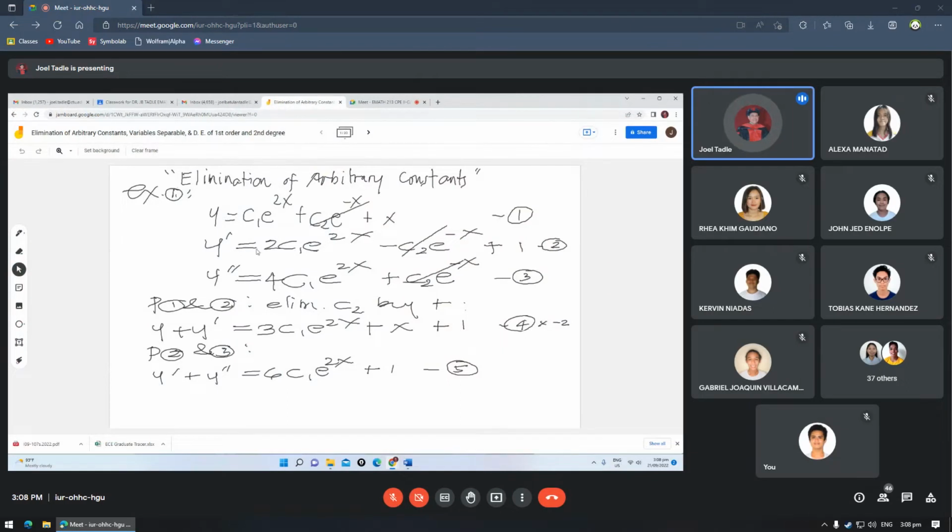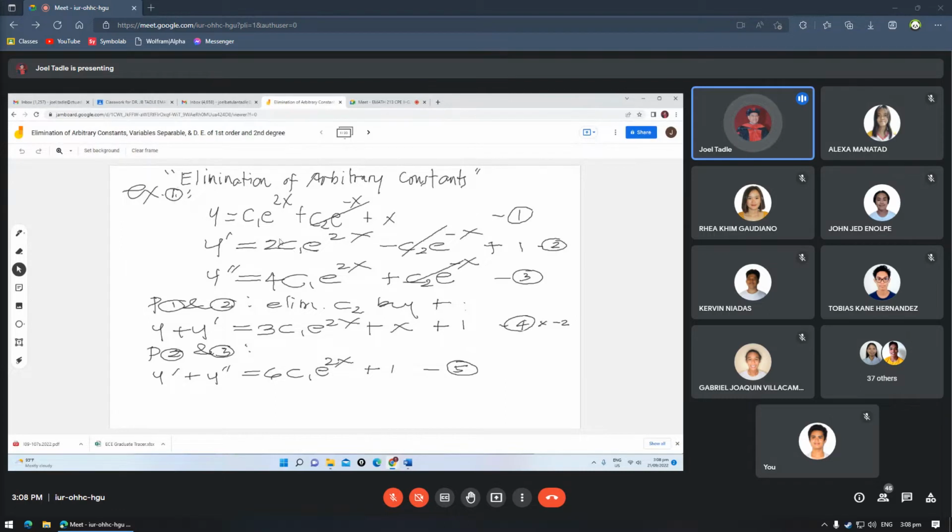Then it equals the first derivative of c sub 1 e to the power of 2x, using the exponential function formula. The derivative of e to the power u is equal to 2c sub 1 e to the power of 2x.